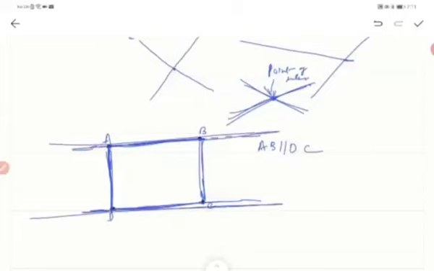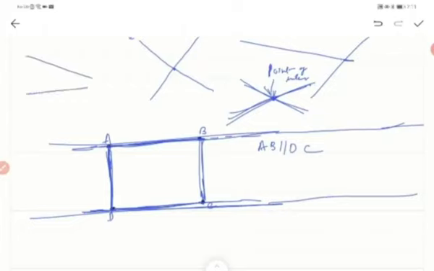Why are they called parallel? Because when you extend them, they will not meet at one point. Now if I have two lines something like this, when I extend these two lines further in their path, this line is meeting the other line at some point.